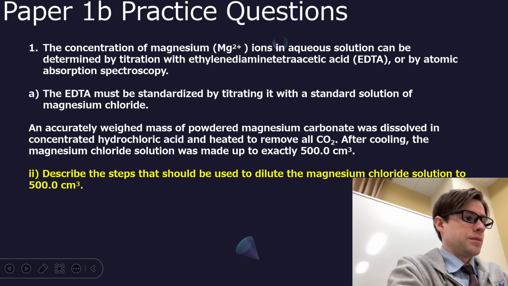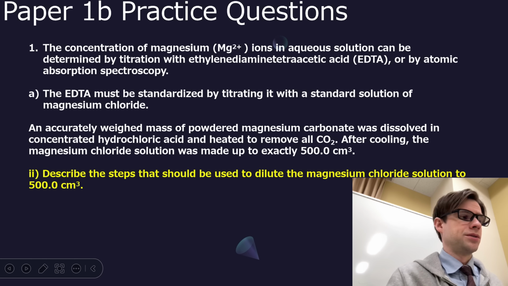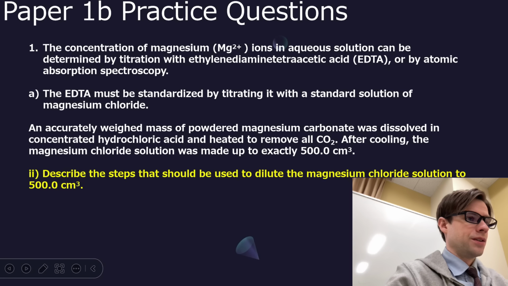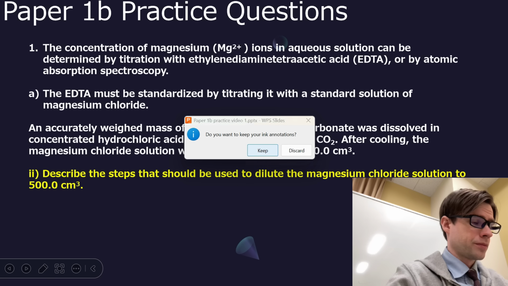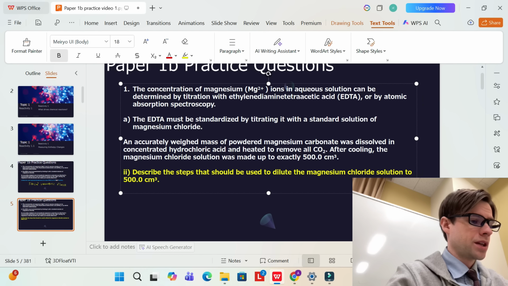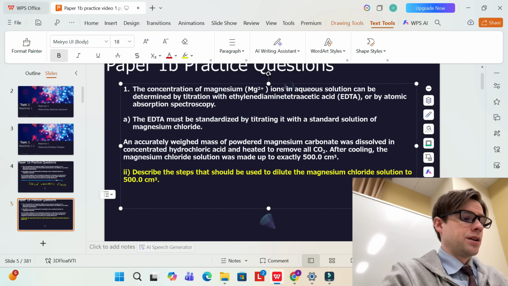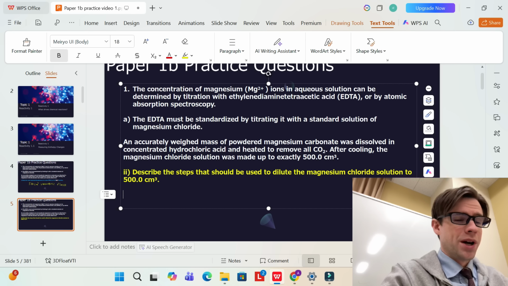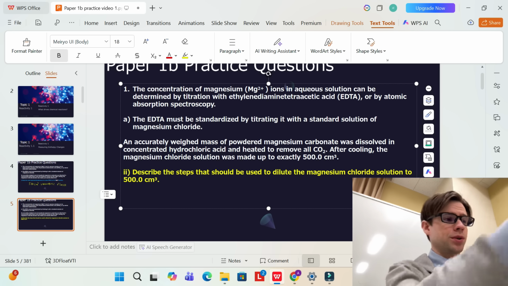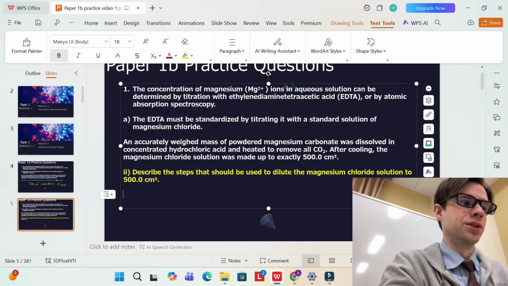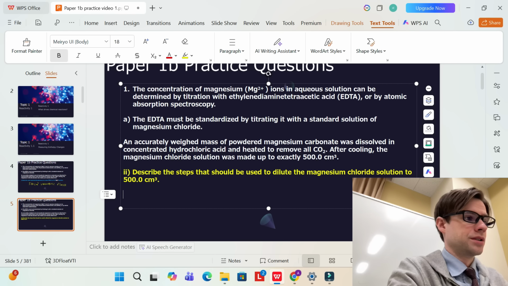Okay, so then part 2: describe the steps that should be used to dilute the magnesium chloride solution to 500 centimeters cubed. I'm going to be typing this; I don't want to write all this with my pen. There are some specific things I think you need to mention, because if you don't do them, you might introduce problems like spilling, improper mixing, overshooting or undershooting.